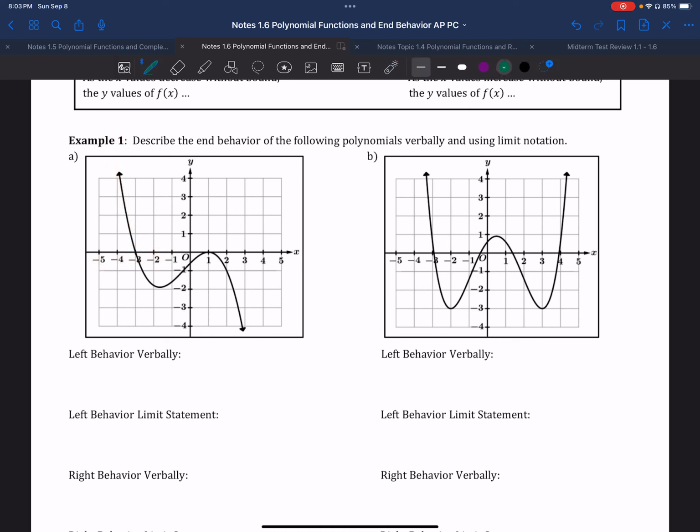So verbally, I am going to say as the x values decrease without bound, the y values of f of x increase without bound.